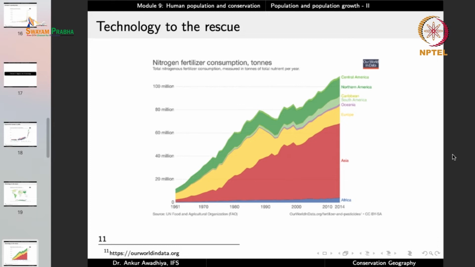Now this nitrogen, as we have seen before, is coming from a large number of industrial processes, things like Haber's process or things like the Ostwald process. When we were discussing the biogeochemical cycles, we observed that there are very few avenues through which we can have nitrogen in the soil in a natural manner.